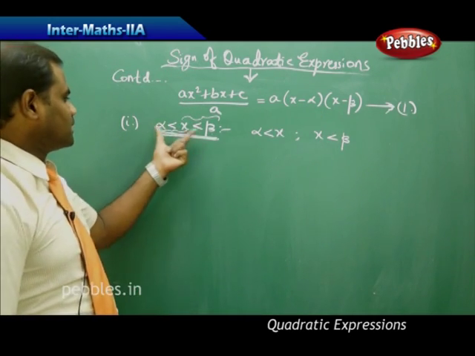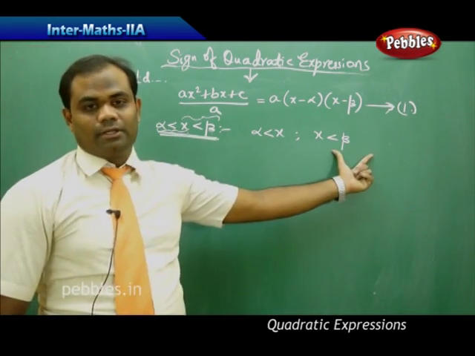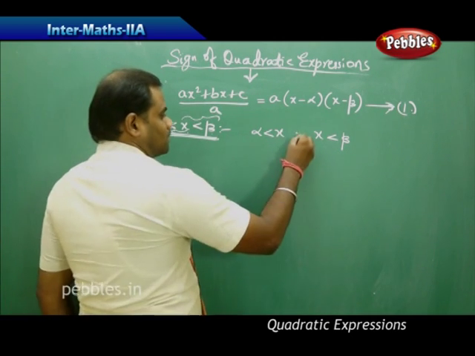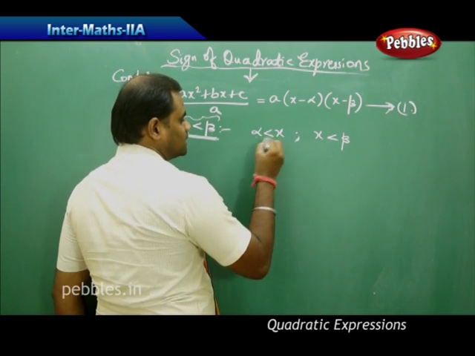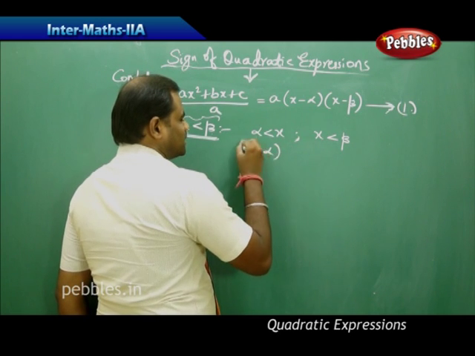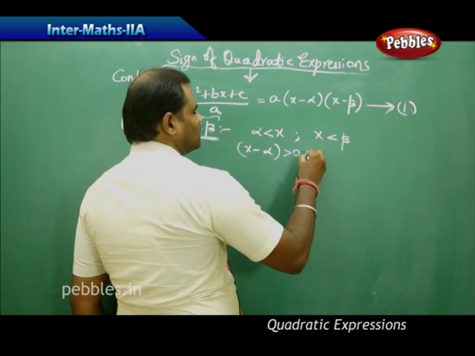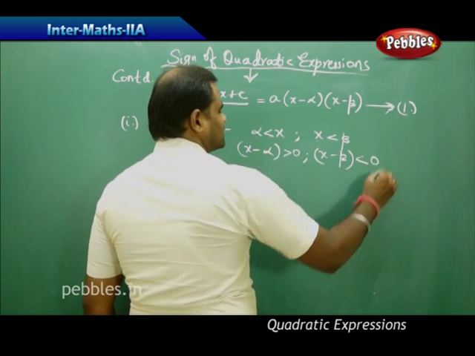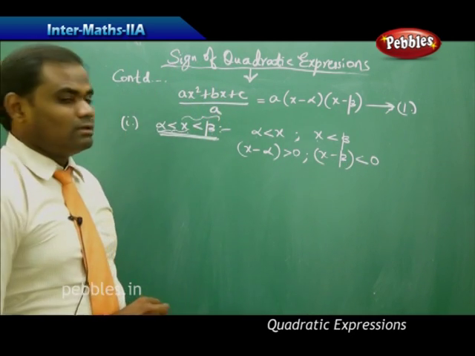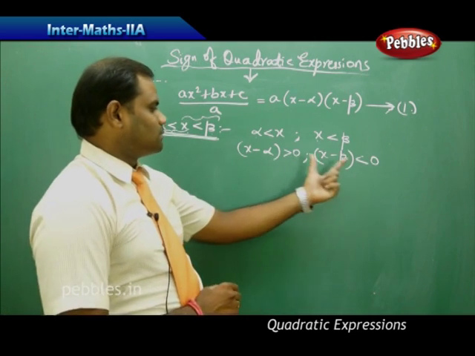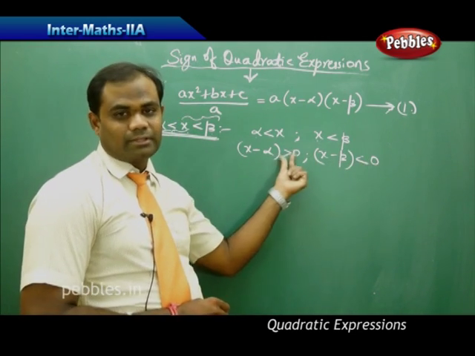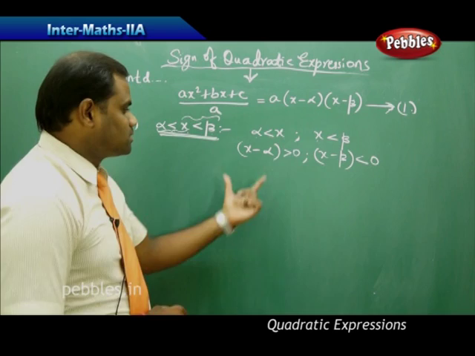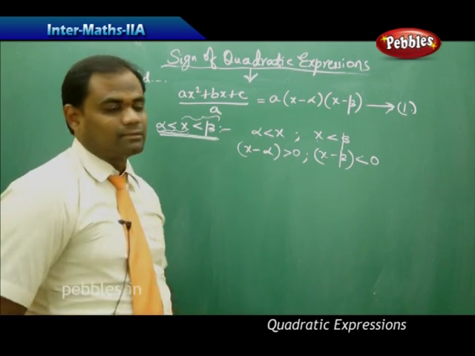The first pair and the second pair are split in the inequality. Now here, alpha less than x implies x minus alpha is greater than 0, and x less than beta implies x minus beta is less than 0. So this is positive and this is negative, and positive into negative is negative.